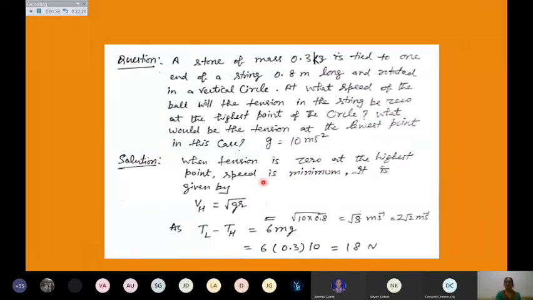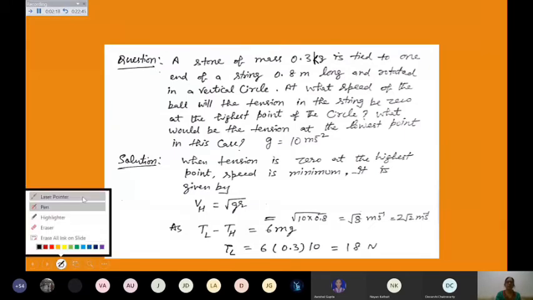Because tension is 0 at the highest point, and we have already seen that the difference between the tension at the lowest point and the tension at the highest point is equal to 6 times mg. So you can work it out.